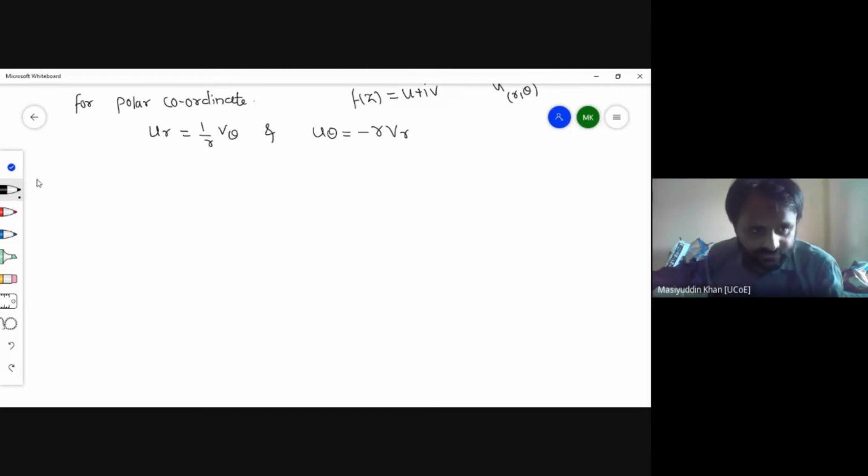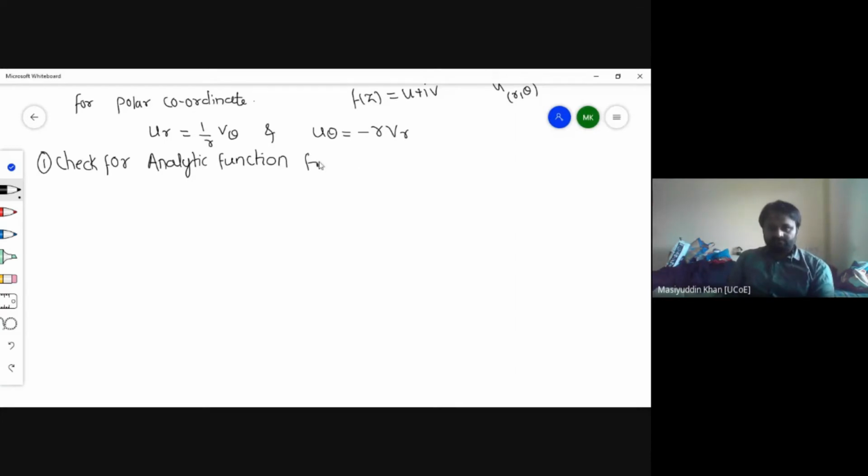Now we have to verify one by one. So the first numerical: check for analytic function from the following function.